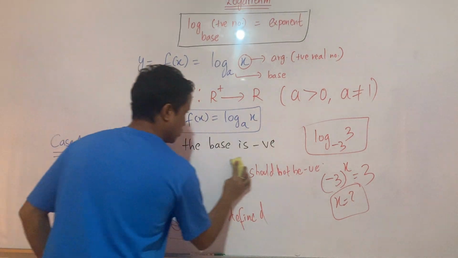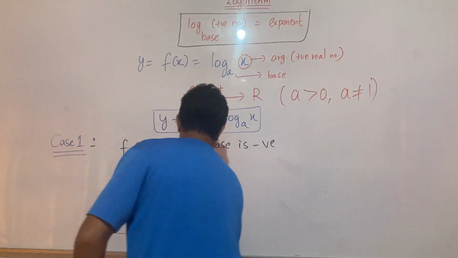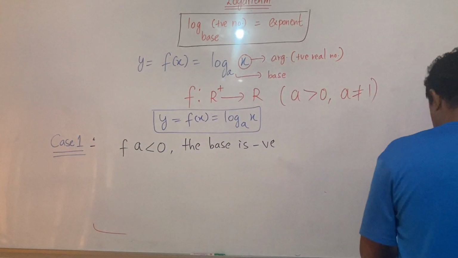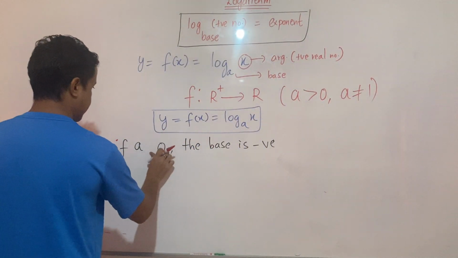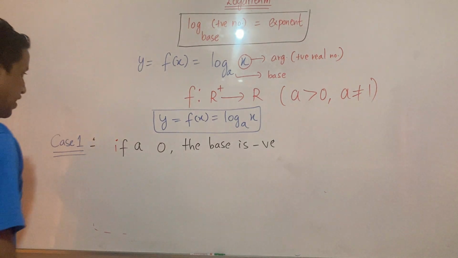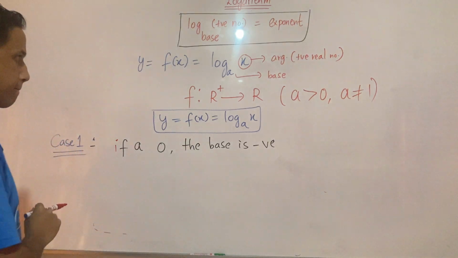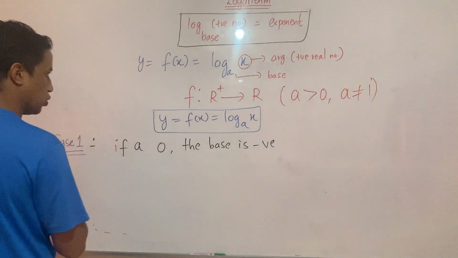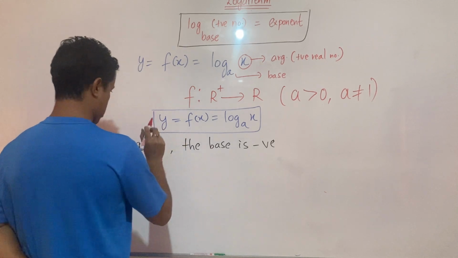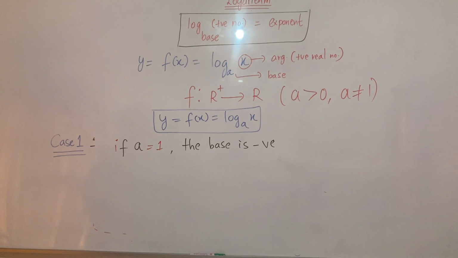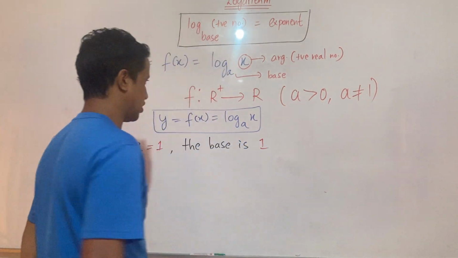So case 2 is if your a is equal to 1, which means the base is 1. Let's see what would happen.